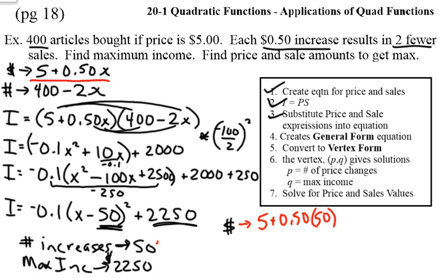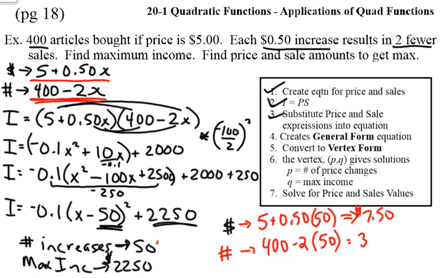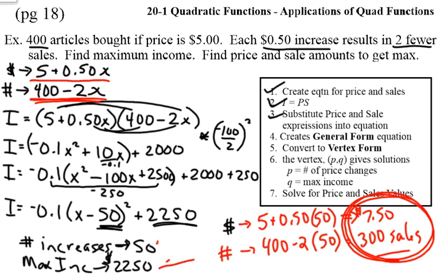And it worked out to be $7.50 was the best price, because that paired up with the best number of sales, which was 400, subtract 2, 50 times, which yielded 300 sales. So $7.50 per item, 300 sales gives the maximum income in this situation.